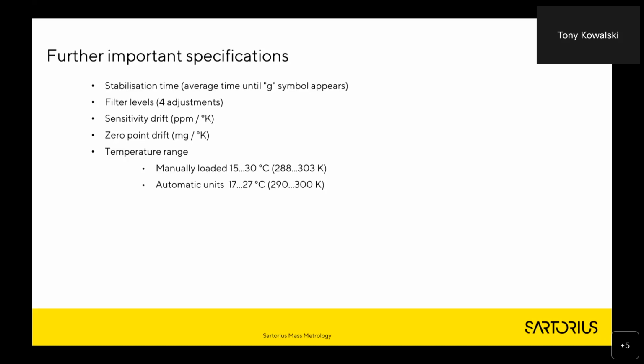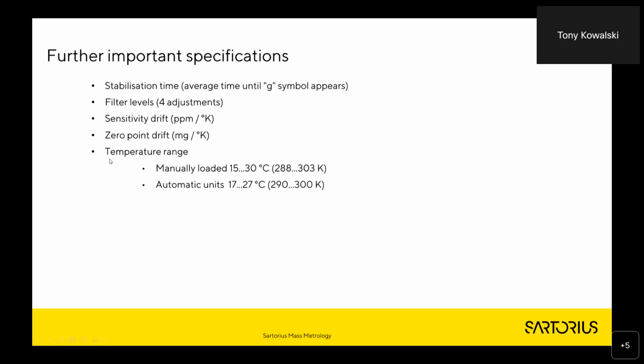Normally, as it is, it's correct. We also quote a sensitivity drift, which is what you might expect to see in the drift of calibration for every temperature change of 1 degree, and maybe a 0-point drift, which is the electronic drift. But again, both are taken out in the ABA cycle.